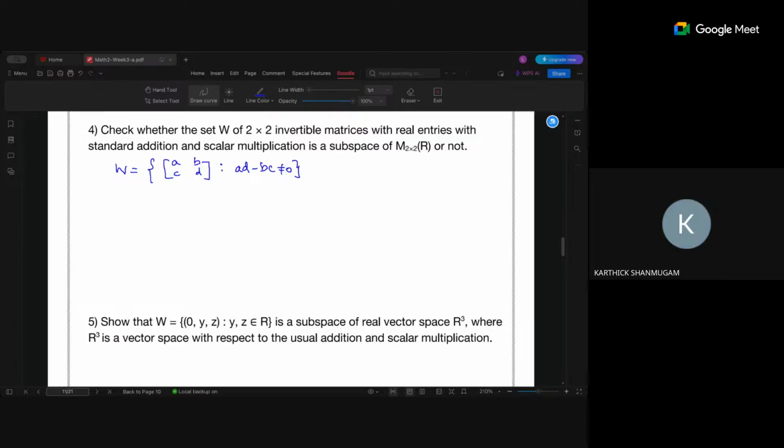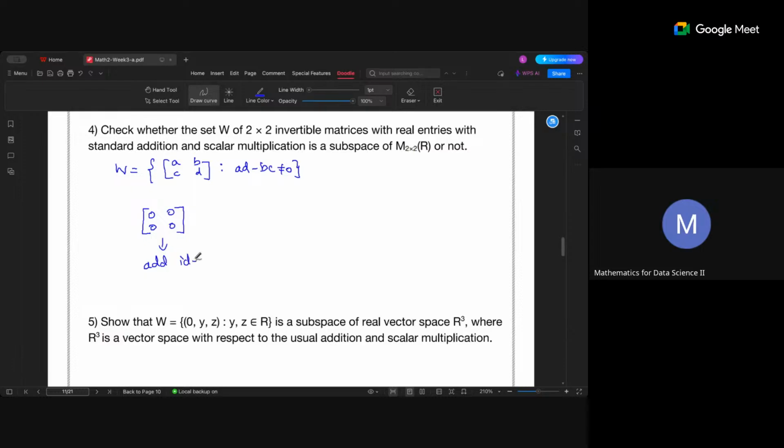The additive identity, whether the zero vector is within it. So what is the additive identity? The zero matrix, the null matrix. This is the additive identity of M2 by 2 of R.